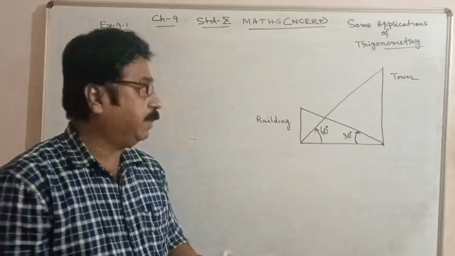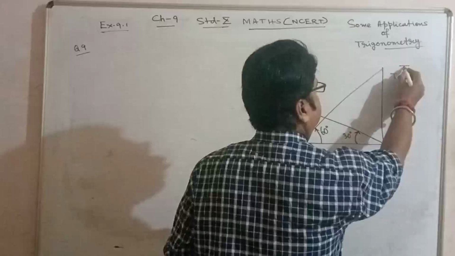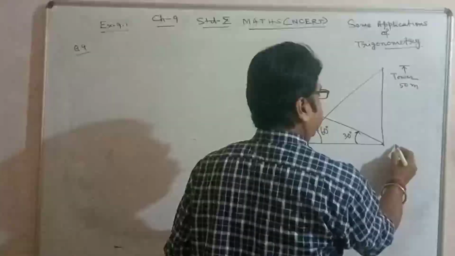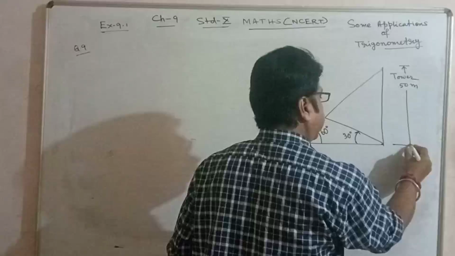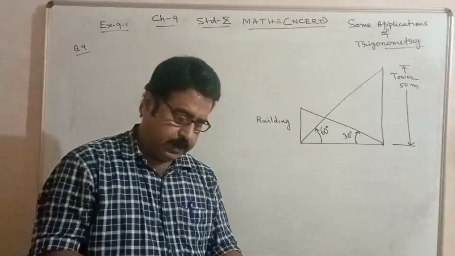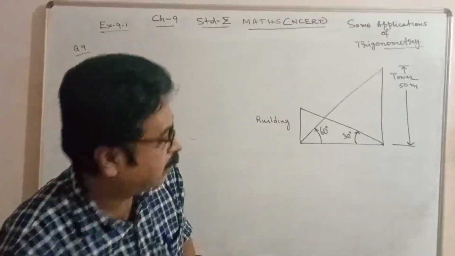If the tower is 50 meter high, means tower, its height is given 50 meters. We have to find the height of the building. This height we have to find.